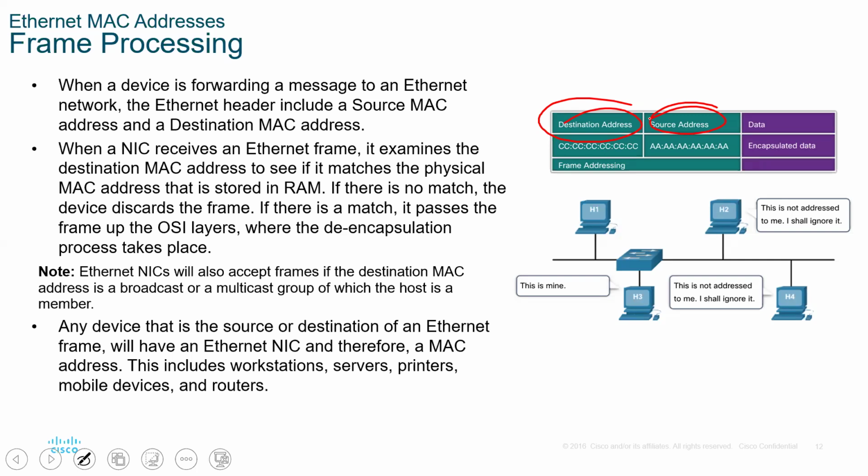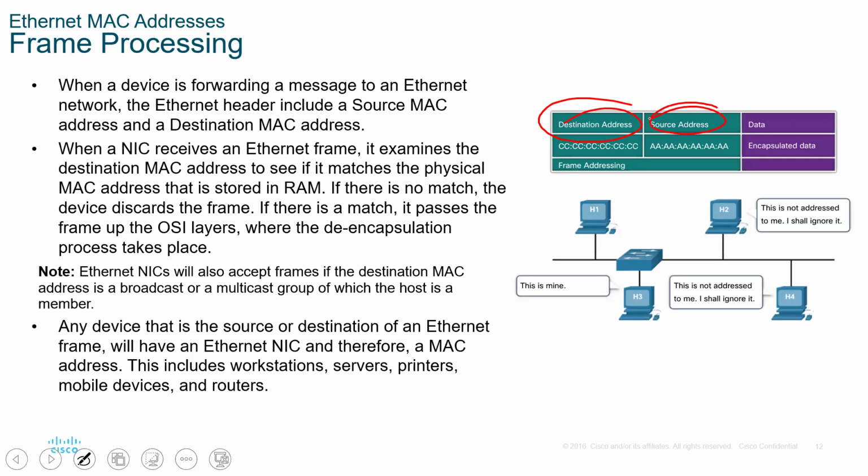So if there is no match, the device discards that particular frame. But if there is a match, it passes the frame up to the OSI model layers where it will be decapsulated. But I want us to note that an Ethernet network interface card will also accept frames if the destination MAC address is a broadcast or a multicast.